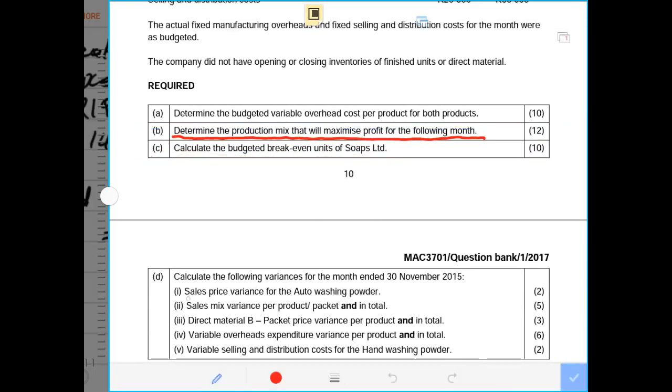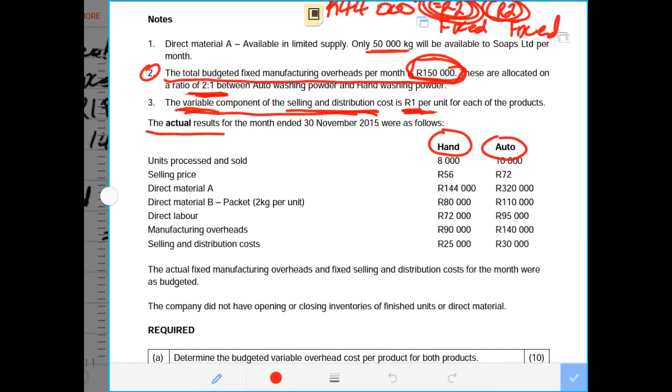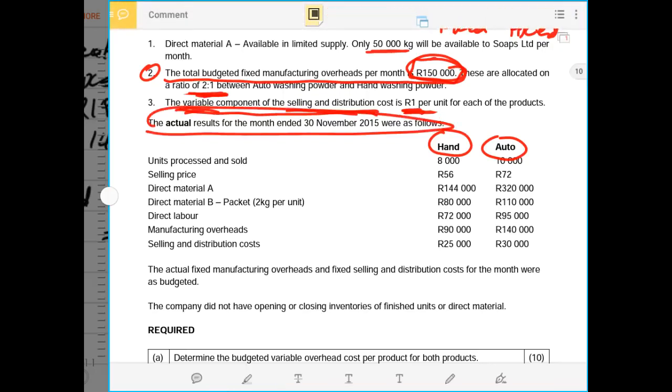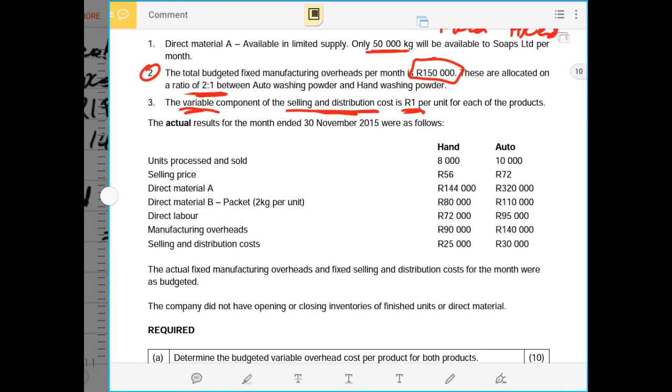So the first variance, under number D, is the sales price variance for auto washing powder only. The minute you do variance, you need to know the actual information, so now I can go to the actual information. Try not to mix information, because most of the time you'll be provided with a whole lot of information, and analyzing it all at the same time will confuse you.